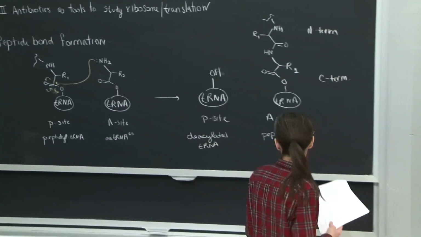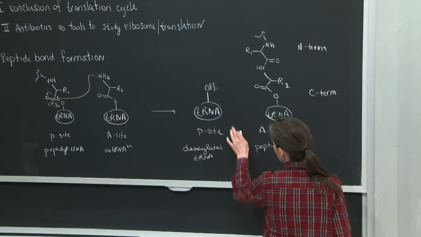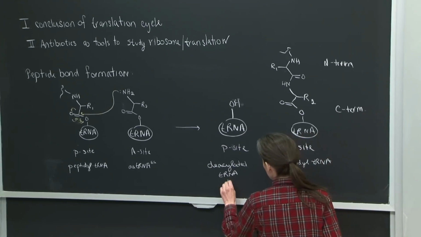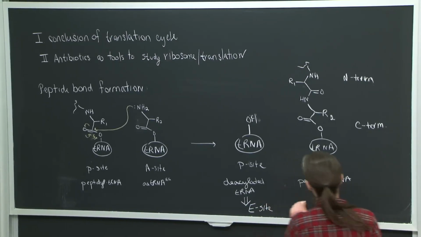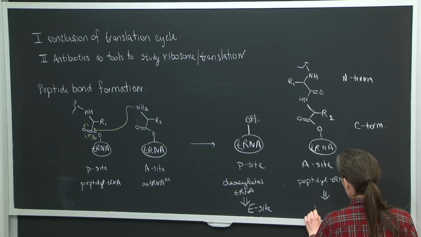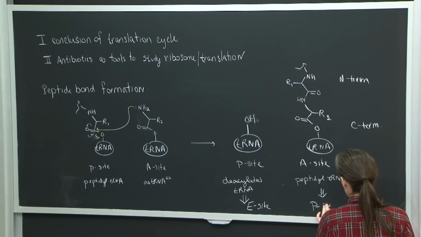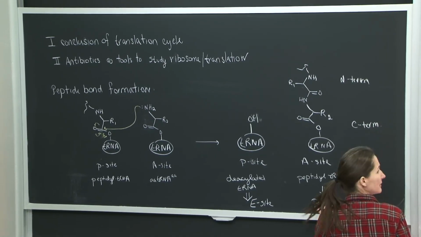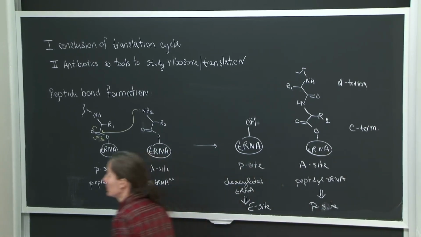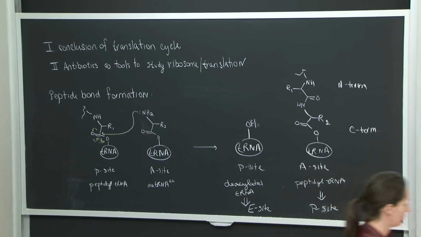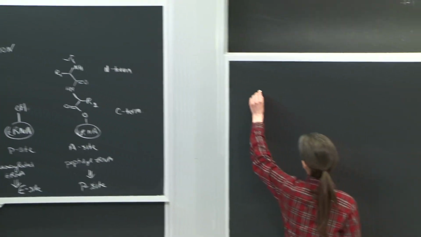So effectively, we need to get this deacylated tRNA to the E site, and we need to get this peptidyl-tRNA to the P site such that the A site is empty. So this process is called translocation.